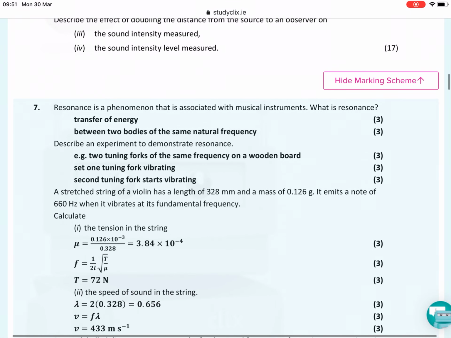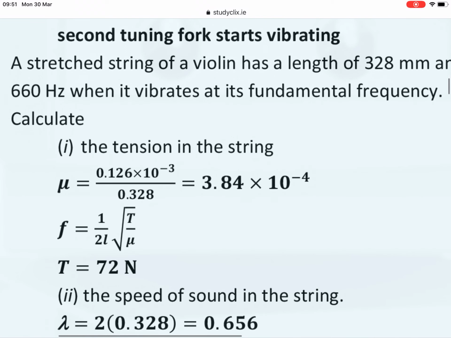So to put that into meters is that 0.328 there. So I just divide those in first and foremost to get your mass per unit length. Mass is on top, length is underneath, and we end up with that 3.84 by 10 to the minus 4. Now the unit on that should be kilograms per meter.